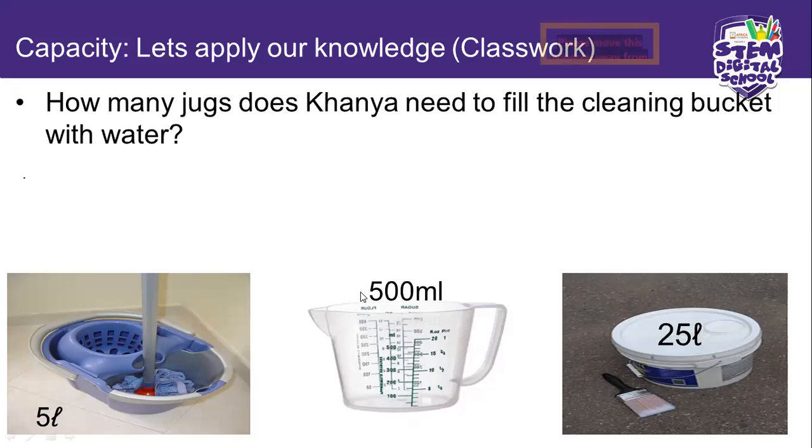Go down. 500 plus 500 gives you 1,000, which is a liter. Remember, 1,000 milliliters gives you 1 liter. Okay, so you've got another set there of 1 liter, which is your third liter. Okay, and then another 500 milliliters plus another 500 milliliters.